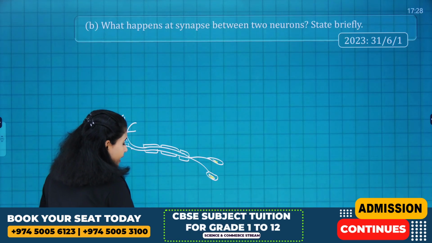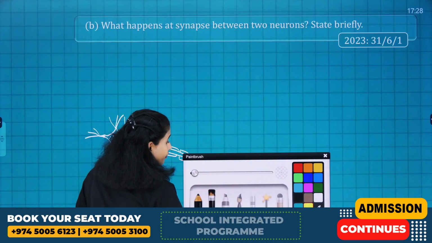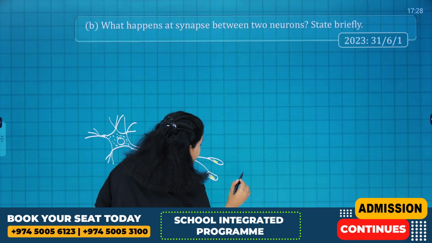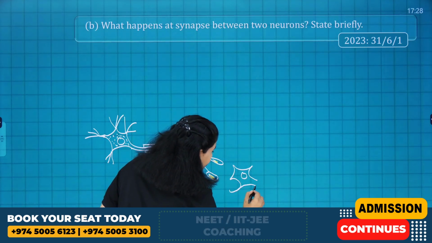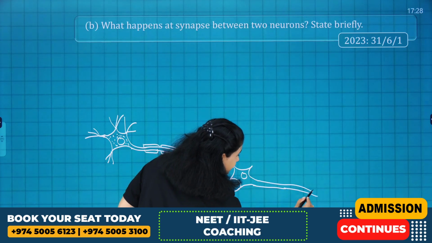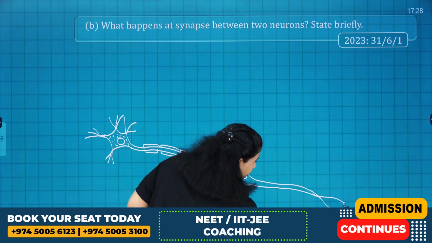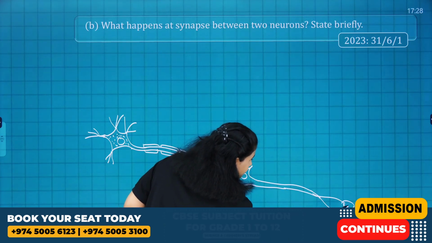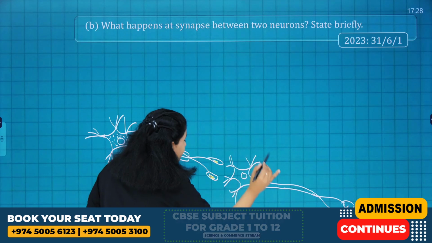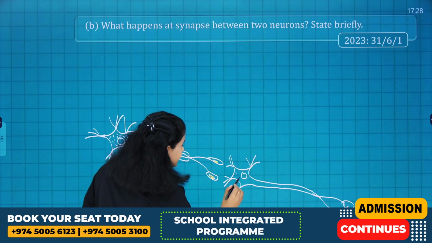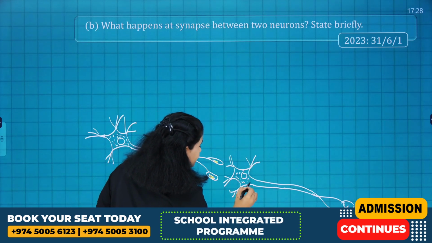Now, when you draw a synapse, obviously you have to draw another neuron here. There should be another neuron which is in connection with the first neuron. So you can see here there is no physical connection between neurons.